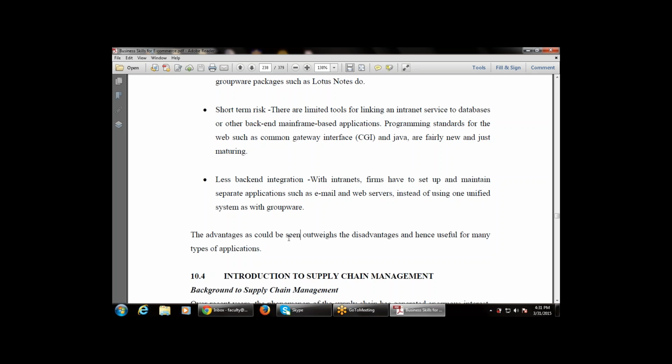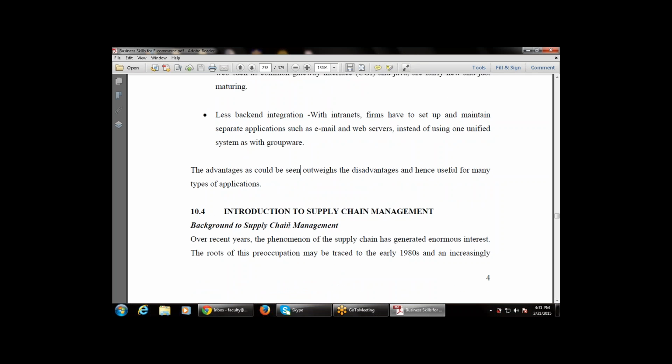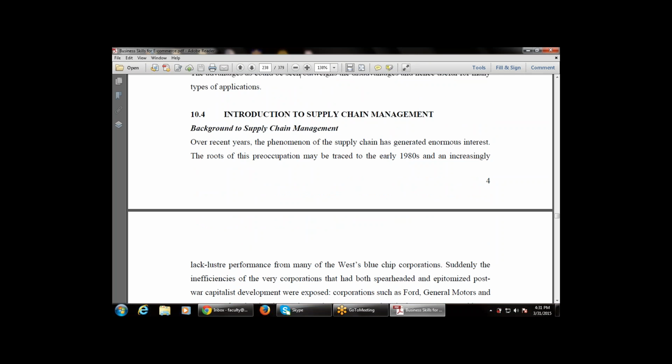Now the next topic is supply chain management, that is an introduction to supply chain management. What is supply chain management? So first of all, the background of supply chain management, that is what is the history behind supply chain management. This says over recent years the phenomenon of supply chain has generated enormous interest.